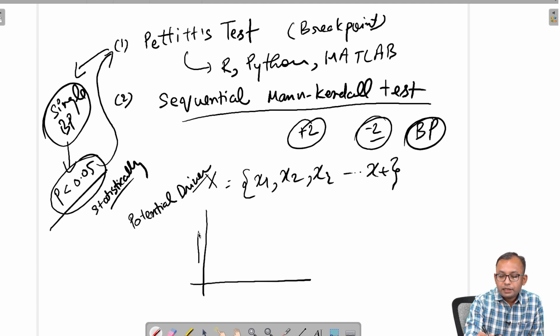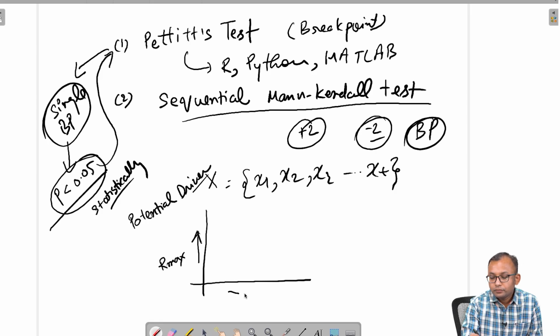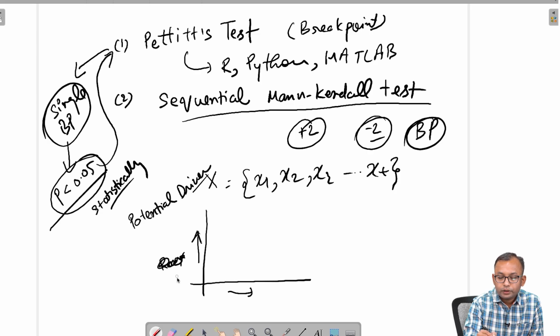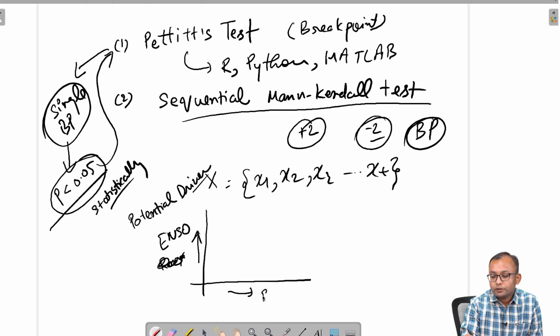So, you can basically plot on one axis your property, let us say I am assuming R max, and maybe you can write here ENSO, and then you can correlate the data points.